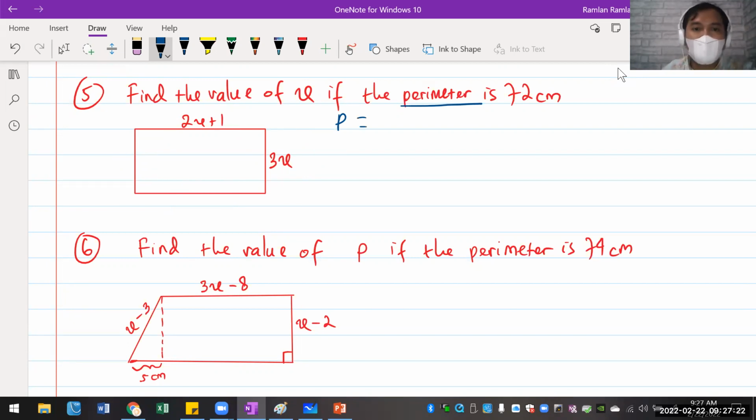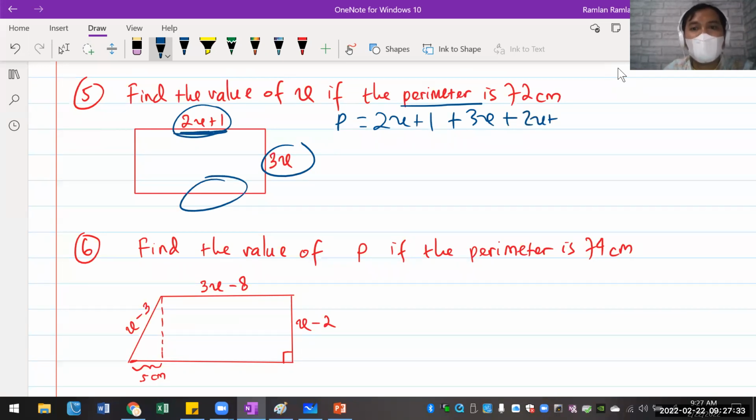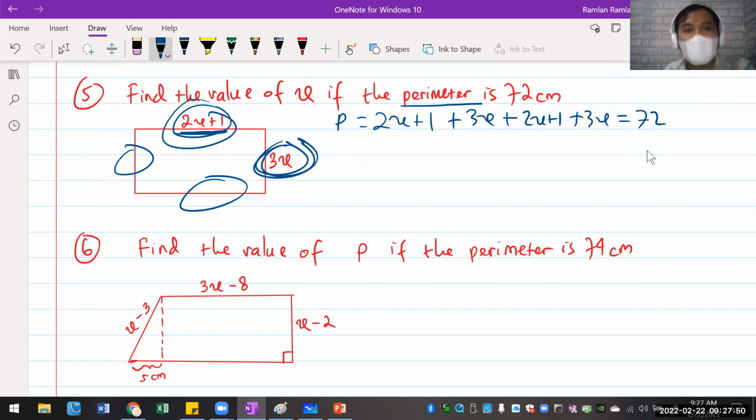So that will be equal to this one, plus this one, plus this one, which is the same as this, and plus this one over here, which is the same as this one, and that will be equal to 72. So you don't just add this and this, but you also need to add this and this. Gitu ya? Okay?